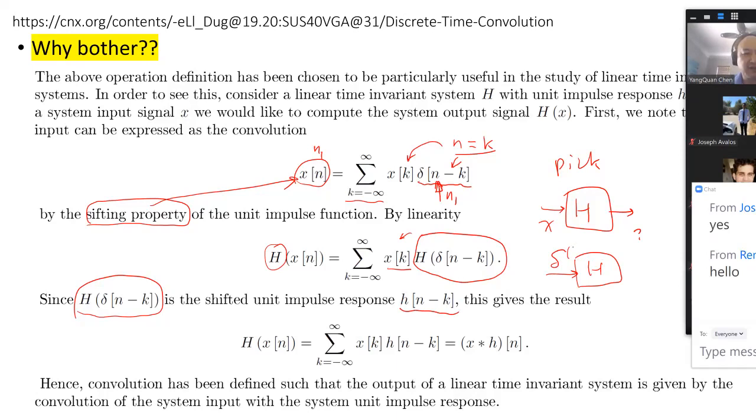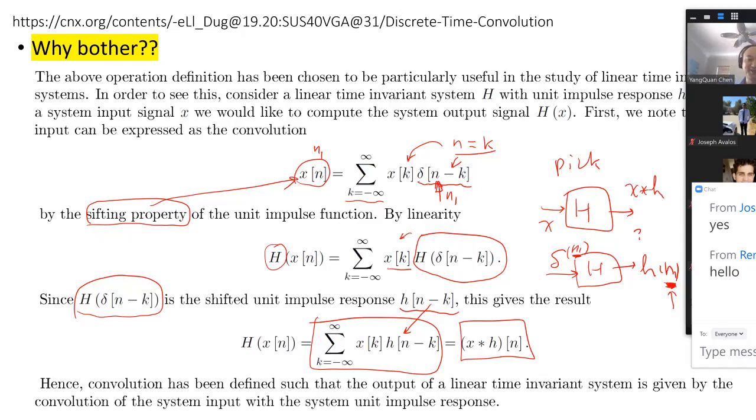If we have a delta at n1, what you get is also h[n1]. Shifting is just picking up that point. Now we have n minus k here, so I end up with exactly our definition: x convolved with h. So the output here is x convolved with h.